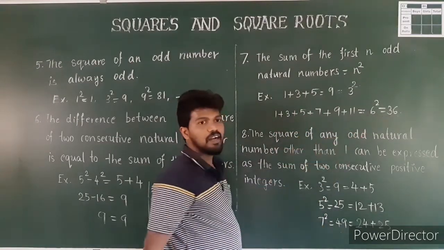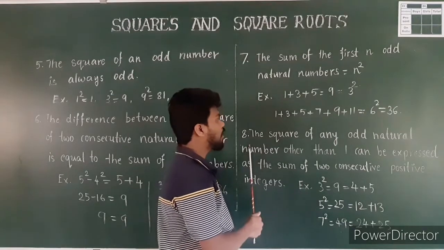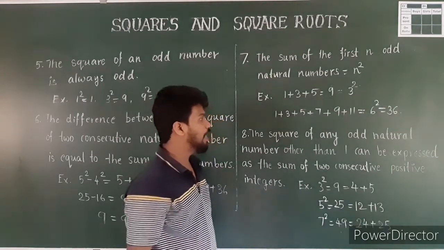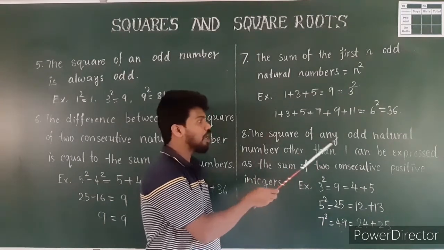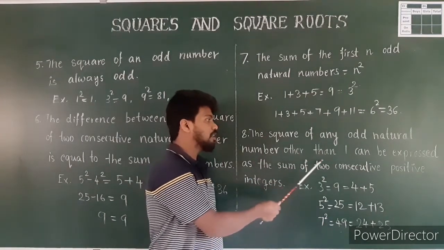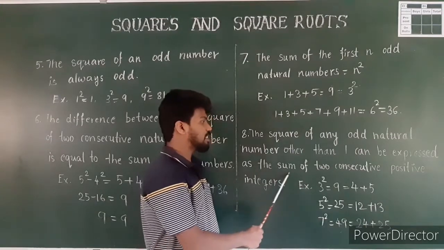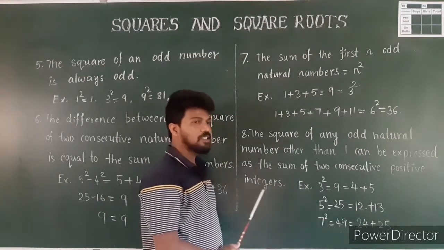So next property: the square of any odd natural number other than 1 can be expressed as the sum of two consecutive positive integers.